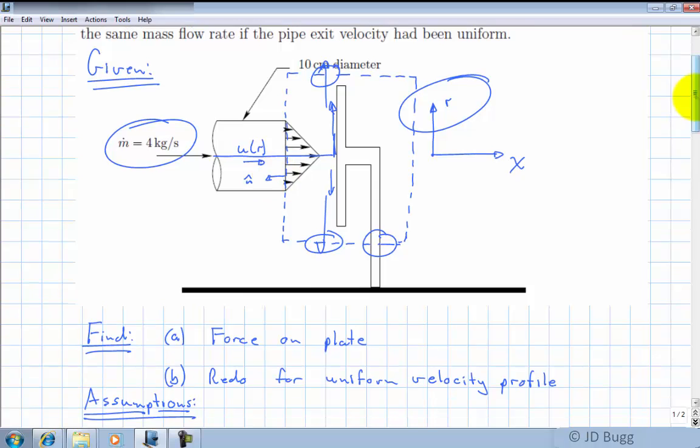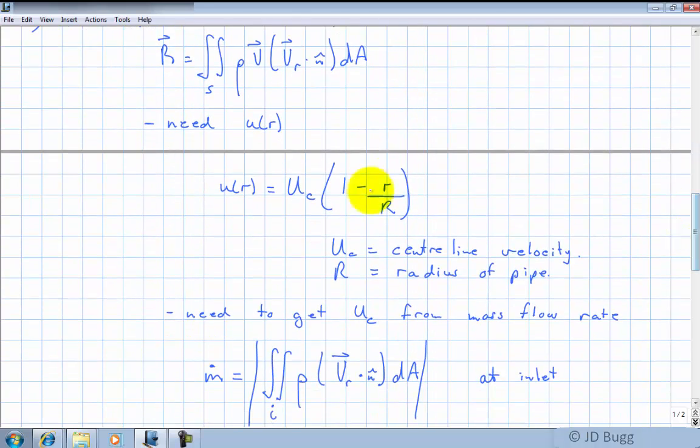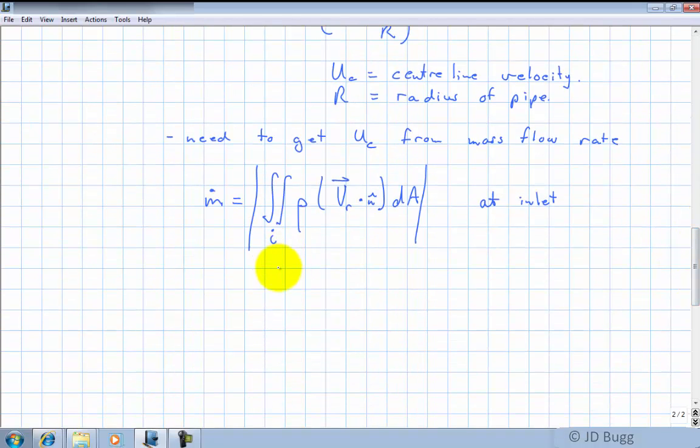So V dot n we actually already have. It's that equation right there. So Vr dot n equals negative U(r), which is equal to negative Uc (1 minus r over R). So that's how V dot n varies with position r.